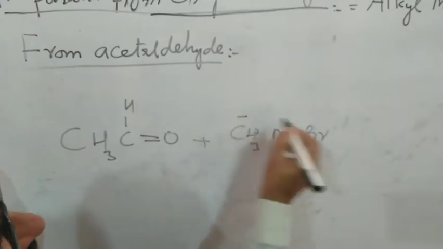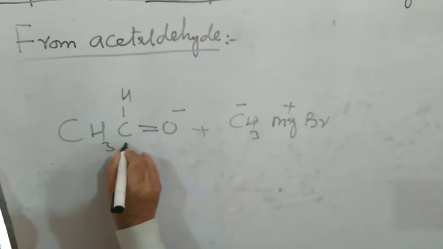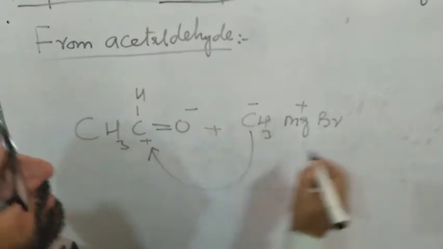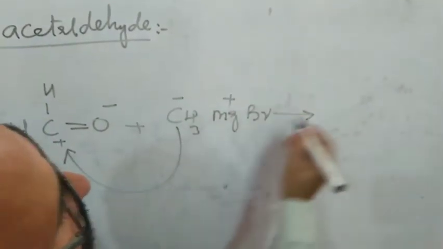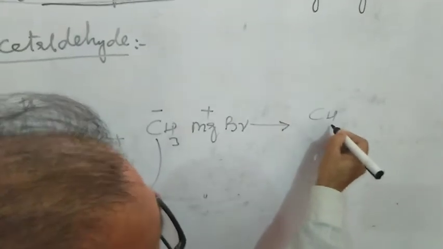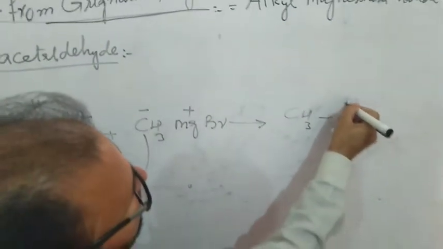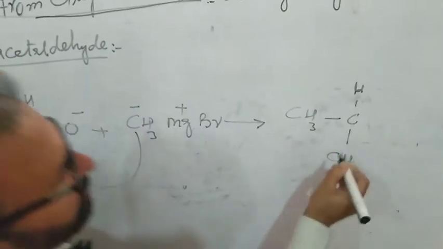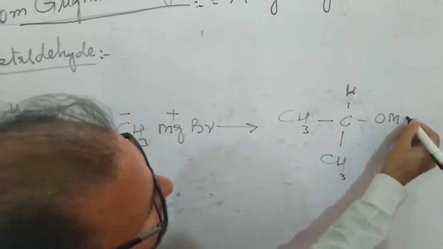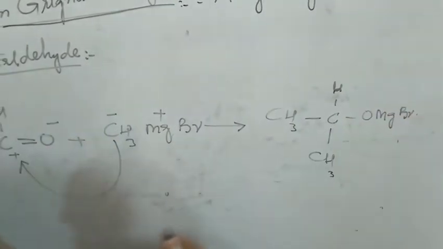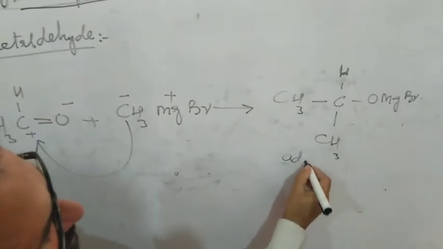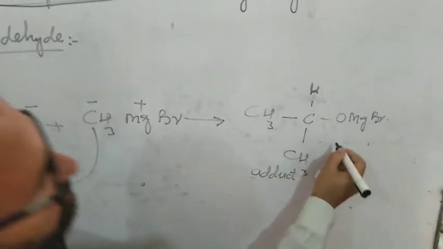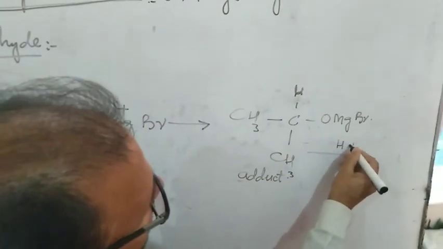So it is negative, here it is positive, here it is negative and this is positive. Now nucleophilic attack occurs here. So it gives CH3, here CH, and here CH3 and OMgBr. This is the adduct.